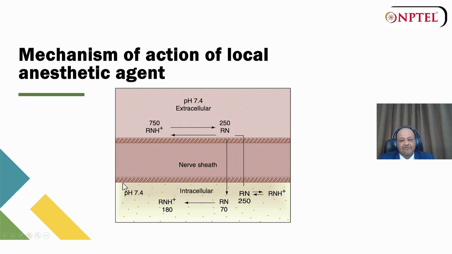If we imagine there are 1000 local anesthetic molecules, 750 exist as RNH+ and 250 as RN. And when it dissociates, you get the RN form. It again leads to the formation of RNH+, and this leads to the effect of the local anesthetic which takes place.